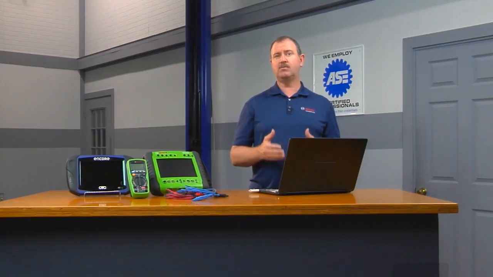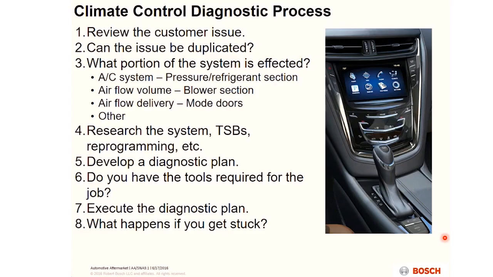The next step is what portion of the system is affected. In the case of climate control, we really have several different sections. We have the AC system, the pressure and refrigerant section. We've got the airflow, or the volume. What is the blower motor capable of doing? Then we have the mode doors, which take care of the directional side, and then other auxiliary components.